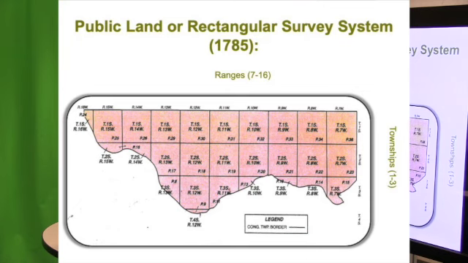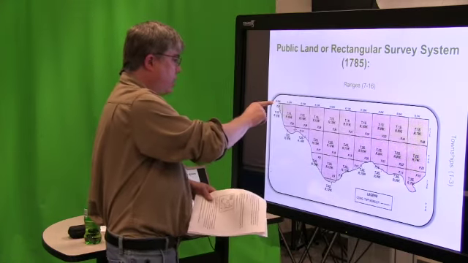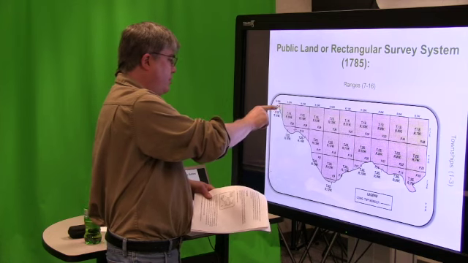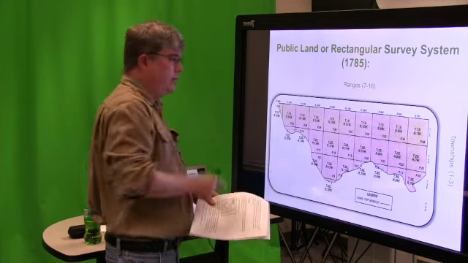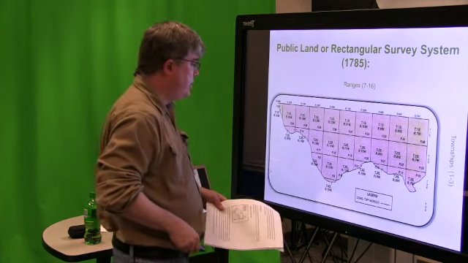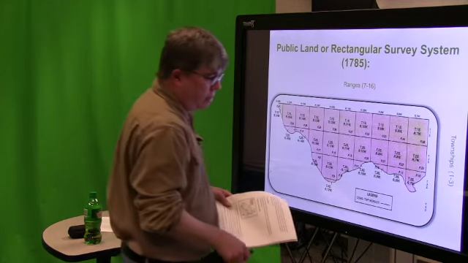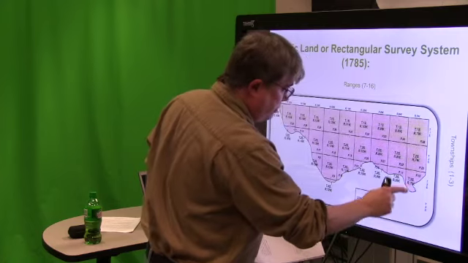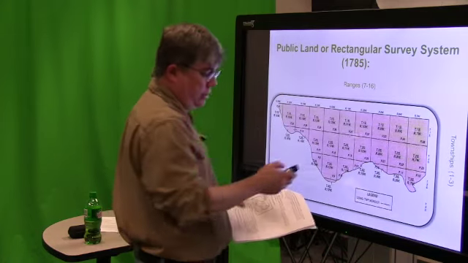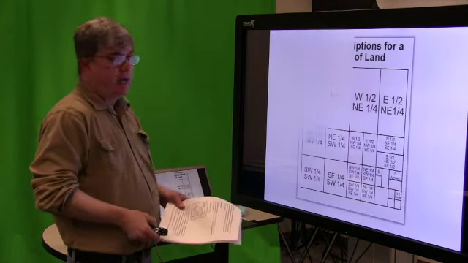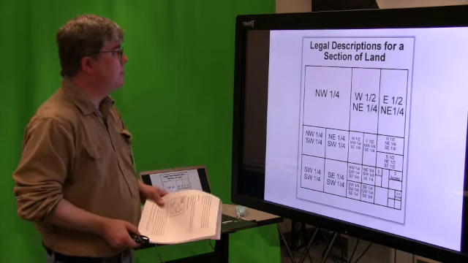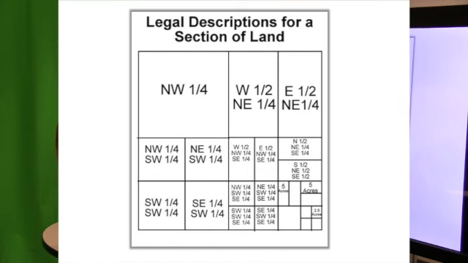In Lauderdale County, it goes from range 7 all the way to range 16, right on the border of the Tennessee River, and then you're in Mississippi. The townships go down. So in Lauderdale County, they go from township 3, 2, and 1. Simple, basic math, because otherwise I couldn't do it. And you can see how they're just broken down into squares and rectangles and smaller squares and rectangles.